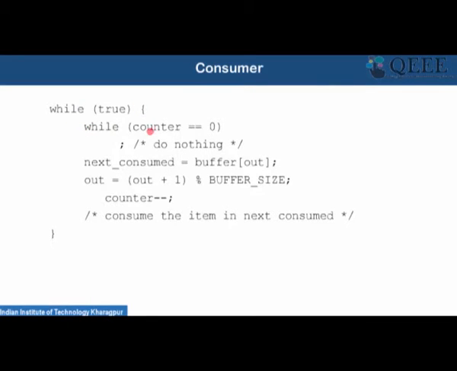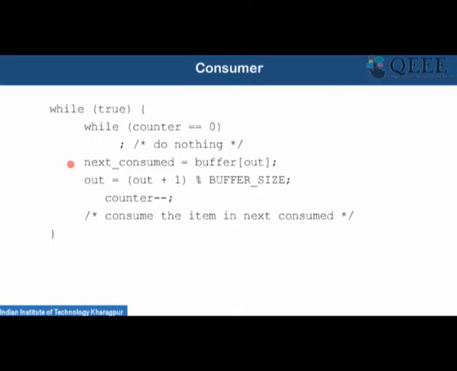Again, this counter value keeps track of how many items are inside your shared buffer. If the counter is 0, there is nothing inside the buffer, and the consumer cannot consume anything.